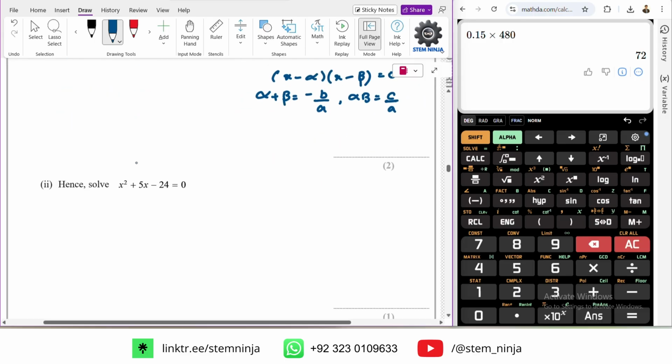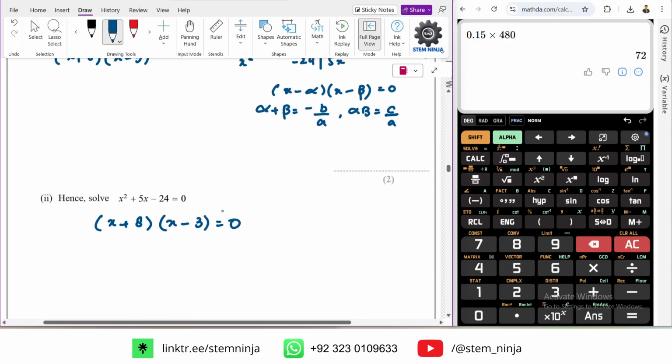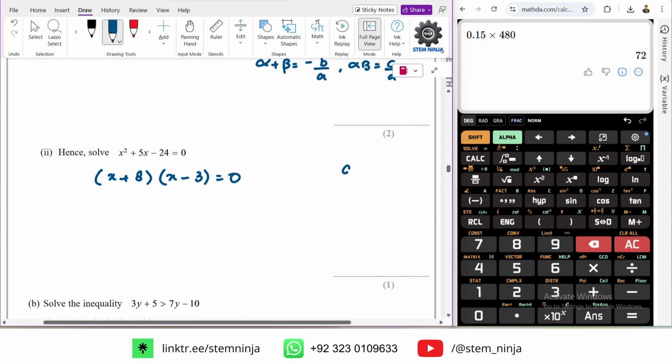Now we need to solve this. Now the solving part comes. So this is x plus 8, x minus 3 equal to 0. One thing you have to remember is that whenever you have two numbers, the product of which is equal to 0, either this is 0 or this is 0.